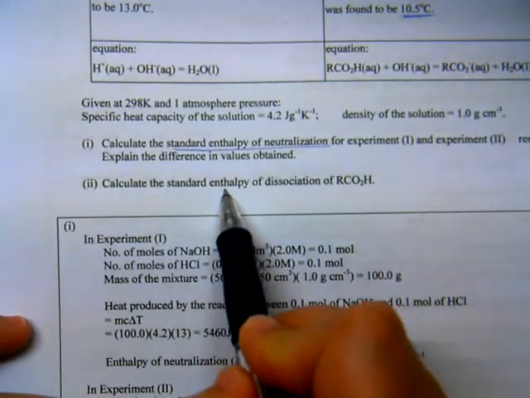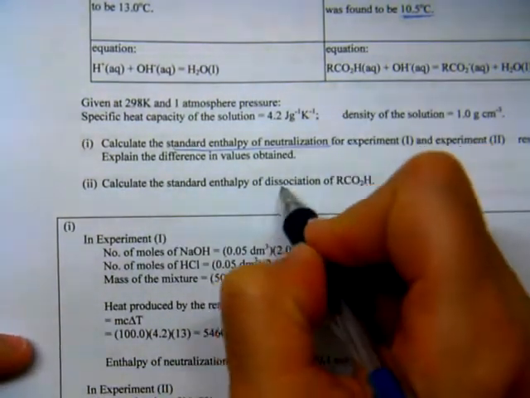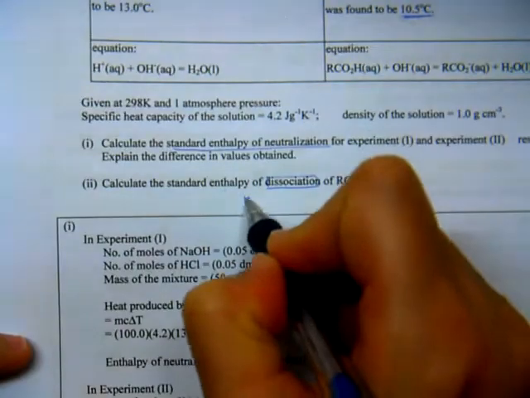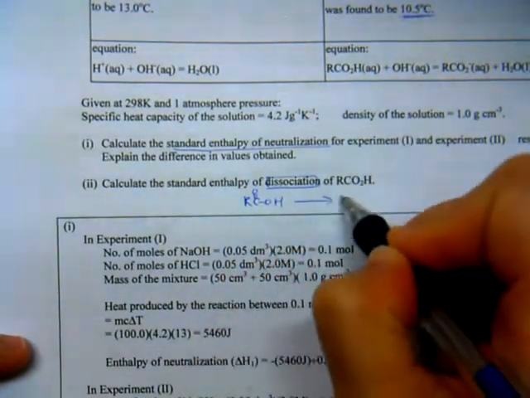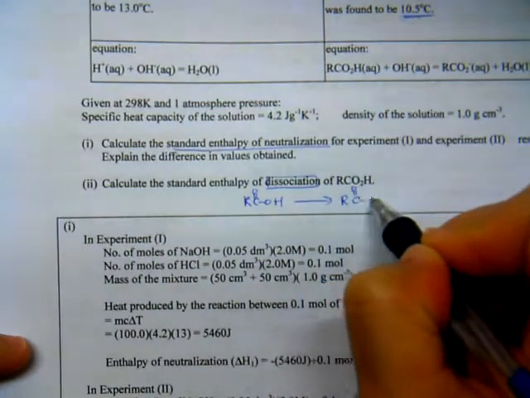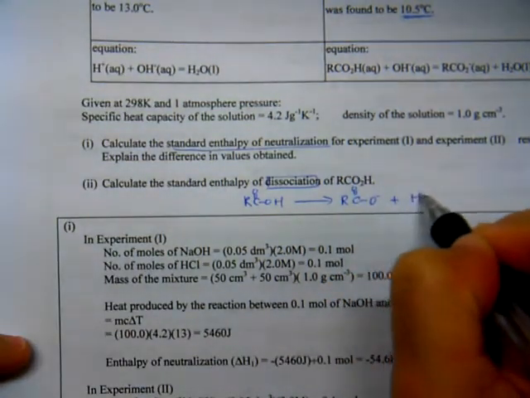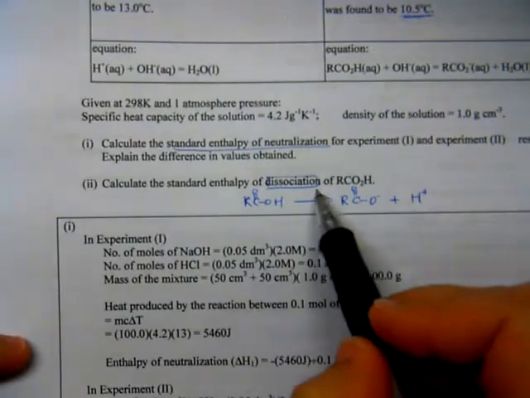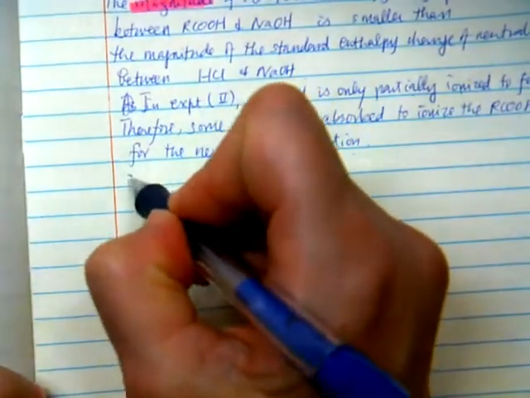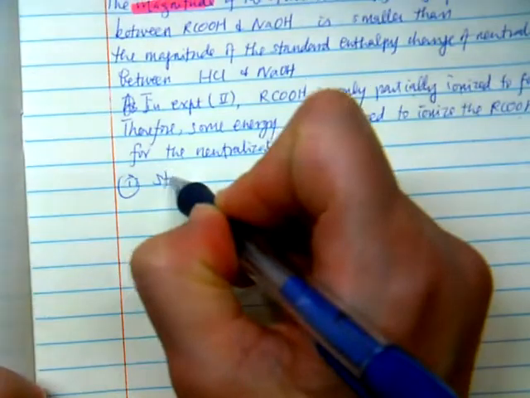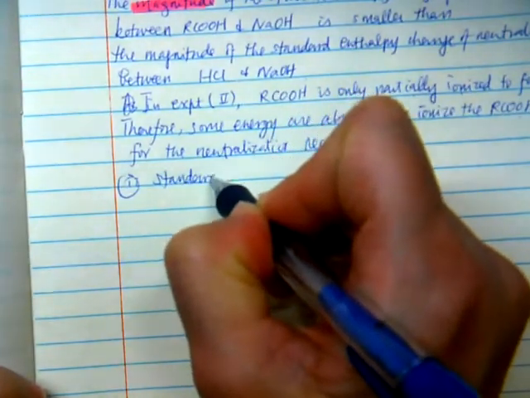So, let's look at the last part. Calculate the standard enthalpy of dissociation or ionization. It stands for this reaction. This is called dissociation or ionization of RCOOH. How can we work this out? It's not difficult. Copy down the question first.